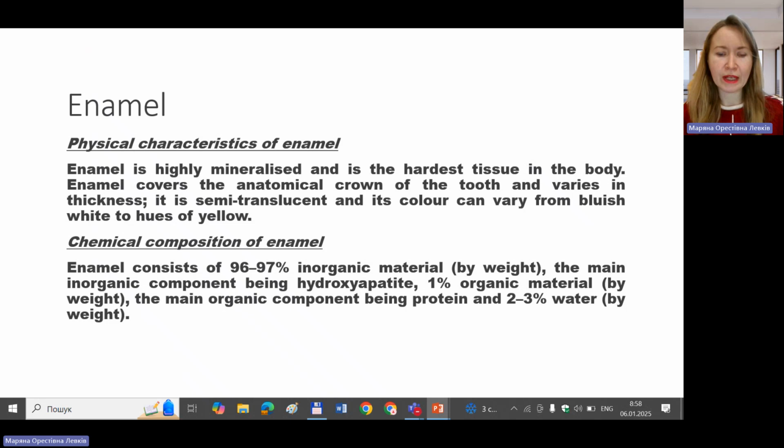Chemical composition of enamel. Enamel consists of 96–97% inorganic material by weight, the main inorganic component being hydroxyapatite, 1% organic material by weight, the main organic component being protein, and 2–3% water.